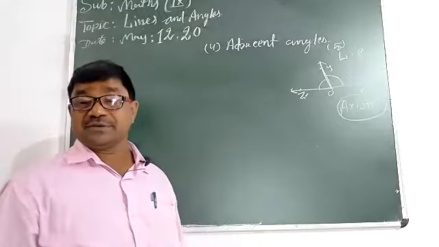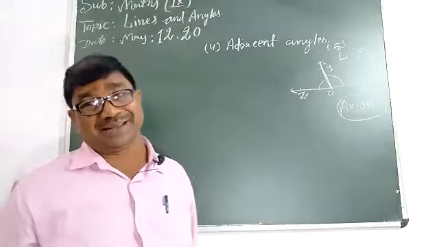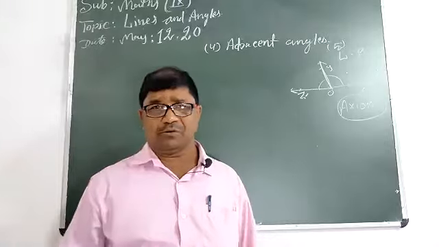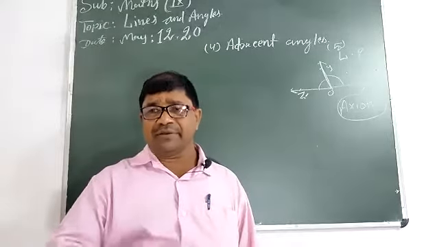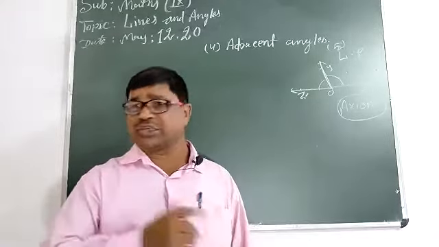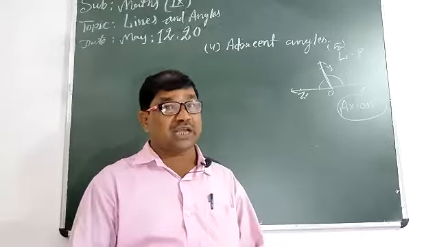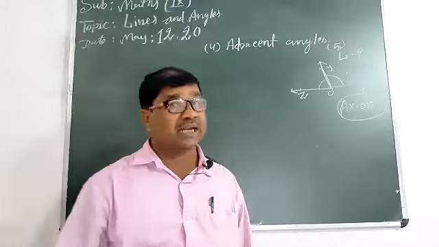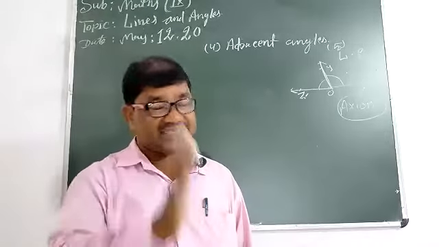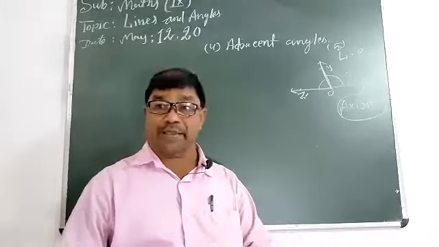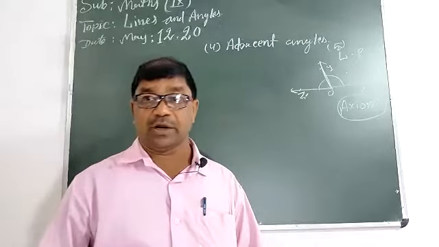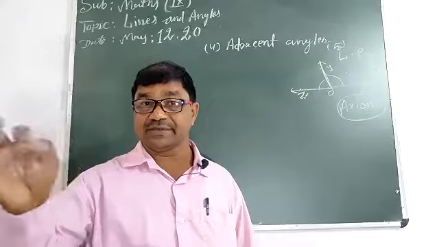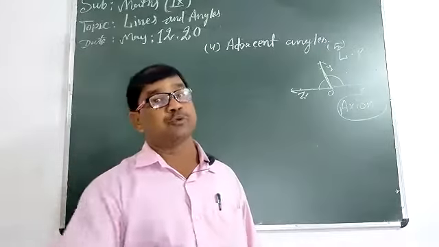Axiom means which is proved automatically. Some minor statements, we need not give the proof of that statement. In geometry, given by Euclid, that is called axiom. In the village, people say self-evident, which is proved by itself. Axiom and postulate.